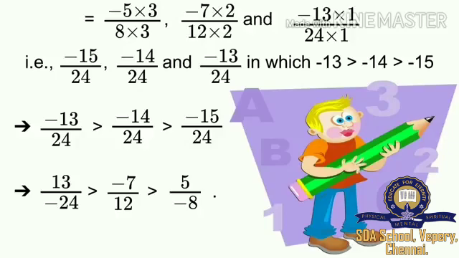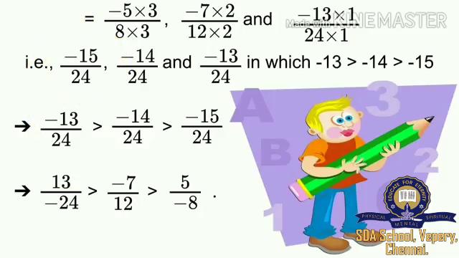So minus 5 into 3 divided by 8 into 3, and minus 7 into 2 divided by 12 into 2, and minus 13 into 1 divided by 24 into 1. If we multiply minus 5 into 3, the answer will be minus 15.